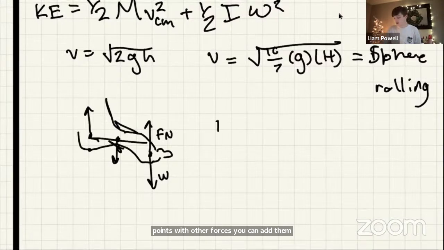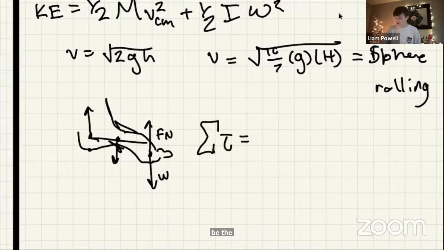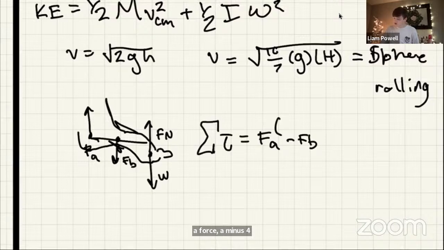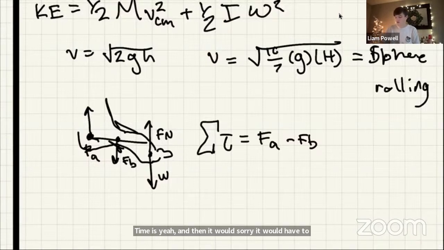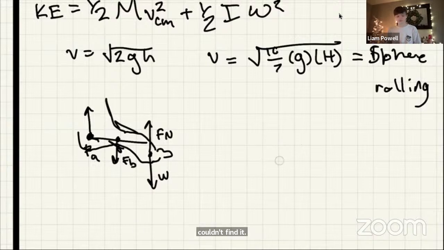And then it would just be the net torque is equal to, let's just call this force A minus force B times, and then you would have to find a point to put it on. So if we put it on point A, the lever arm would be 0, so we couldn't find it. So you just want to look at that.